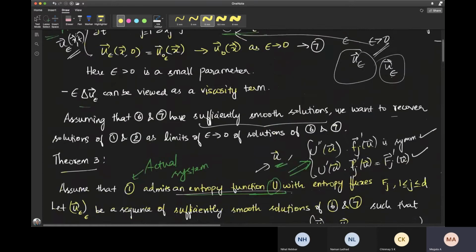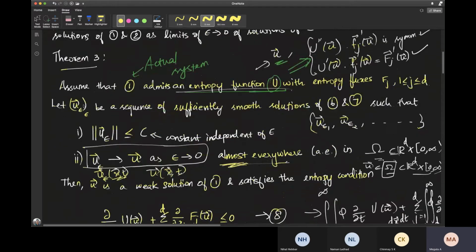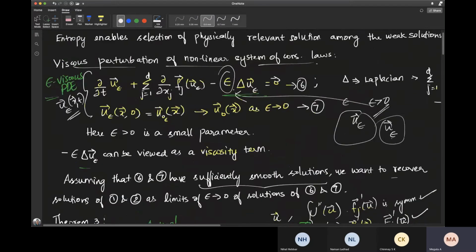and for the new system that we consider, that is the epsilon viscous PDE, these will be the sequence of smooth solutions. In the epsilon viscous PDE, we have something known as epsilon over here, but we do not actually give it a number. We just say that epsilon must be greater than 0 and it has to be small. We don't say how small it has to be, and we don't say what that number actually is. So there can be many epsilons that satisfy this condition.